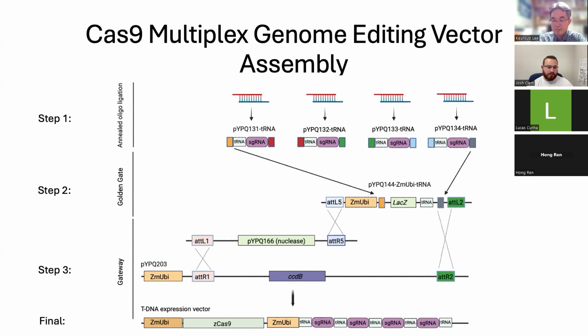And I think optimizing terminator sequences for increasing gene expression is a relatively unexplored area, especially related to CRISPR constructs. For example, I know there's another terminator from Arabidopsis, I think it's the heat shock 18.2 terminator, that is documented at least to increase gene expression relative to more commonly used terminators like NOS-T.